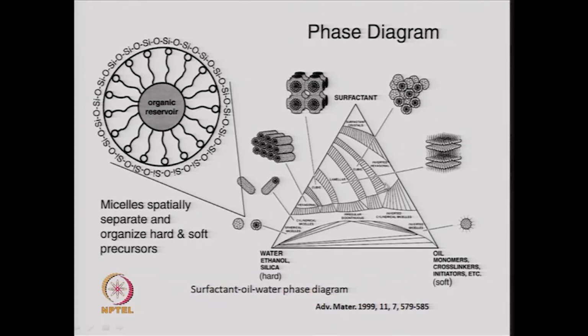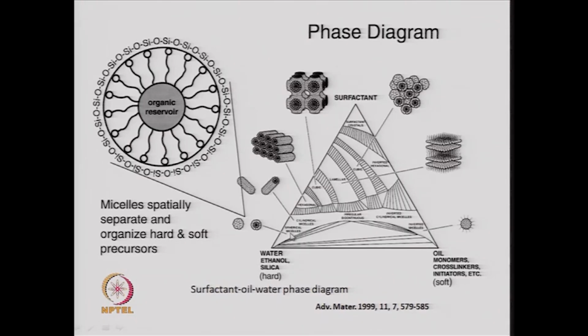So, you are away from water, that means you are somewhere there, you are close to oil, and then you will get this kind of inverted micelles, where the polar head groups are inside and water is inside and oil is outside. However, if you take very large amount of water and very small amount of oil with some amount of surfactant, you will be somewhere here. Okay. And when you are here, you will get these phases.